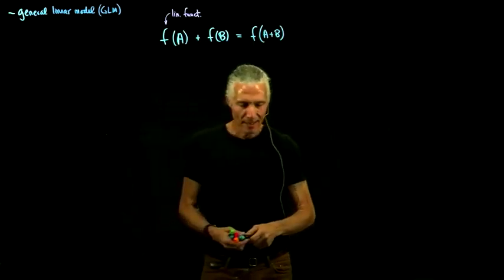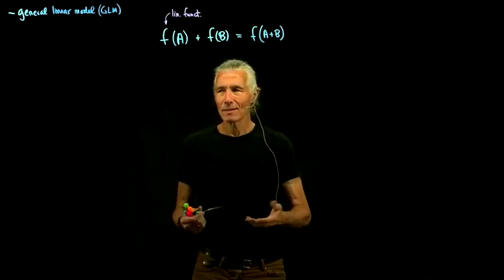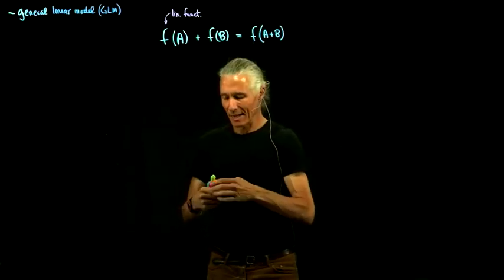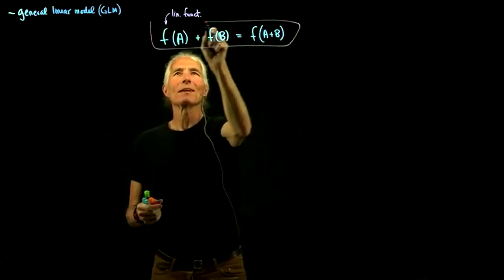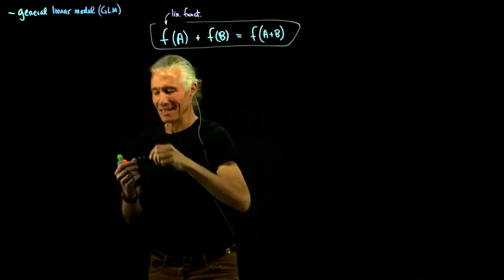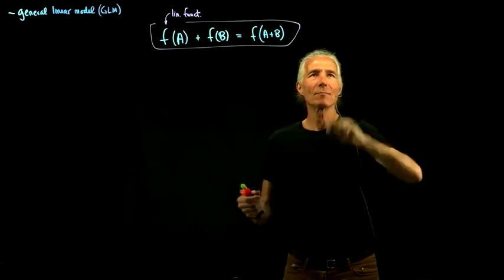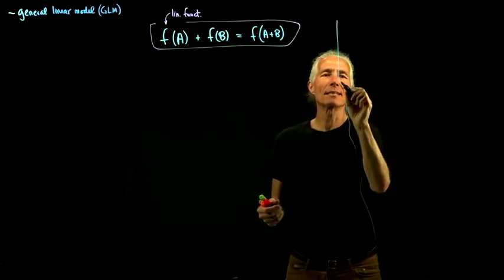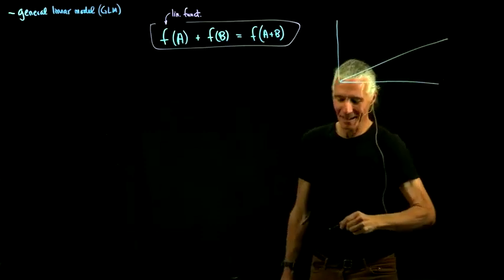But let's take a couple of simple examples of what's linear and what's nonlinear. When you first write up that definition, it doesn't do it for me initially, so let's apply it to a simple case. The absolutely simplest case is just a line. That's linear, right?